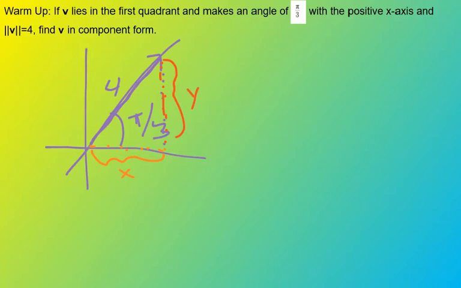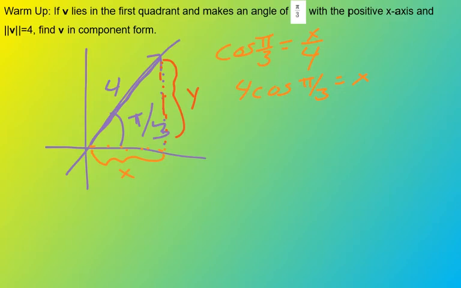So if you wanted to get the, say, x coordinate there, we would just do cosine. So we could take the cosine of pi over 3, and we know that would be x over 4. And so 4 times the cosine of pi over 3 is the x part.